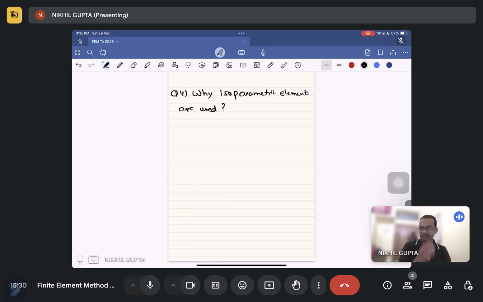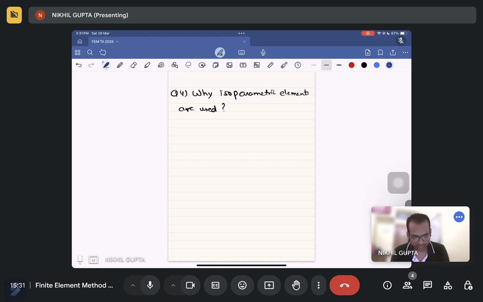Means every time we convert the x and y into another natural coordinate system, then try to solve it. I think it is to make the calculation easier. One reason is that, but the major reason I'll tell you now. What is the reasoning behind converting it into the isoparametric element?